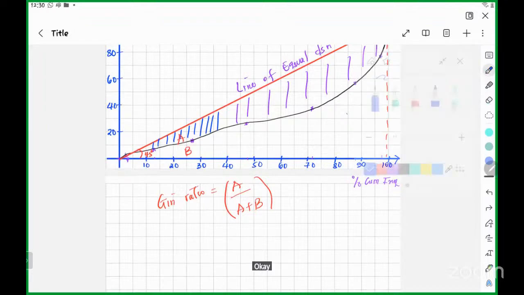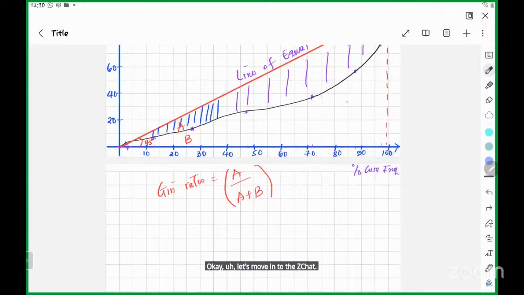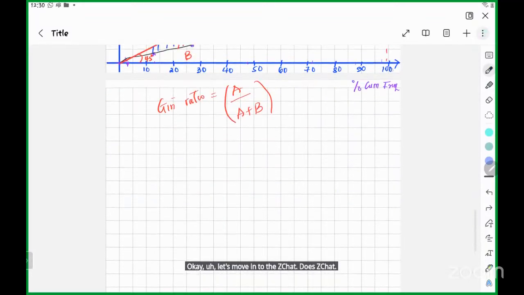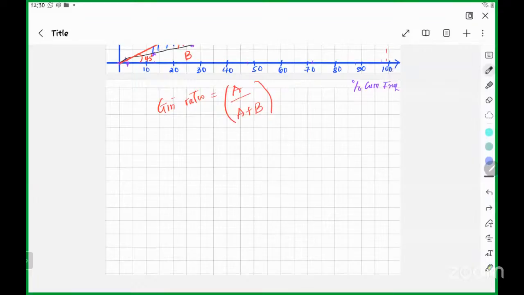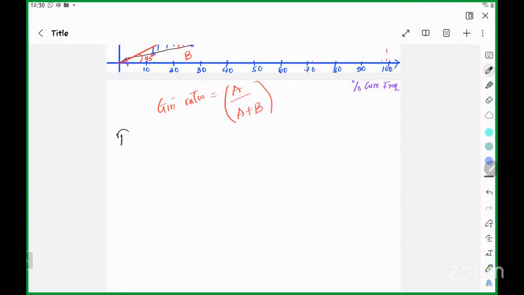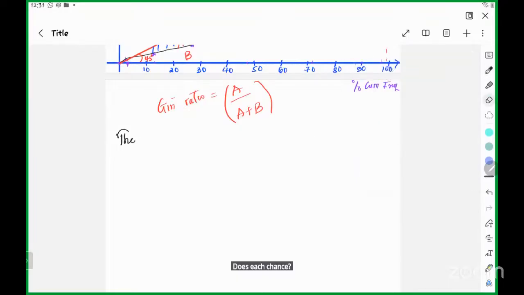Okay. Let's move on to the Z chart. That's the chart.